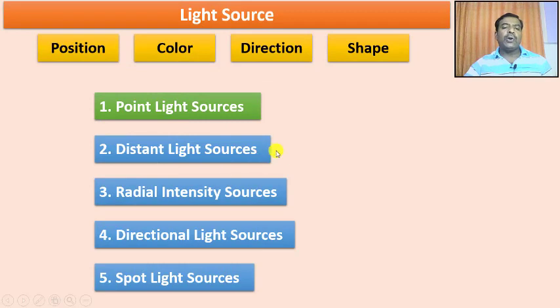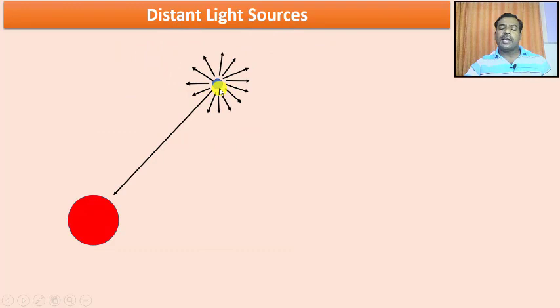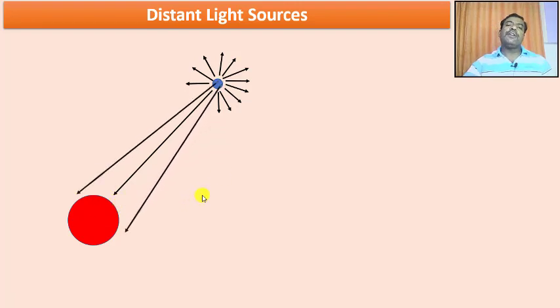Now if I talk about a distant light source, for example, before I bring in distant light, just look at this. With a point source, a single ray or a small set of rays which is almost in line with the view of the object will be incident on it. Now if it is a distant light source, it is not one single ray which falls uniformly on this object.